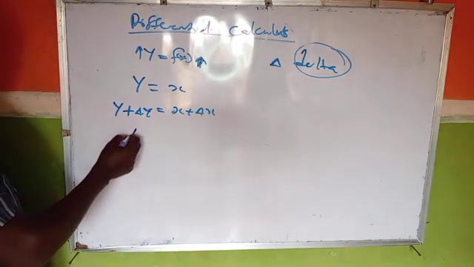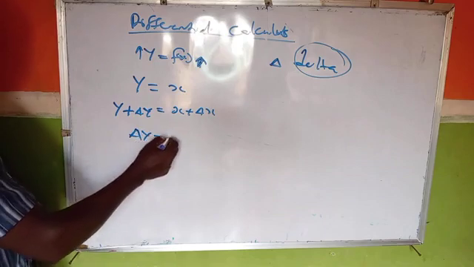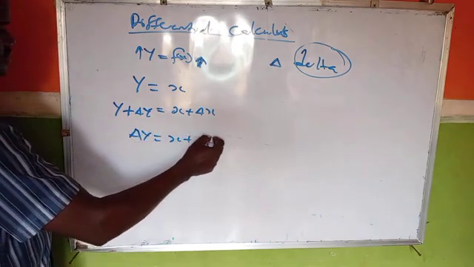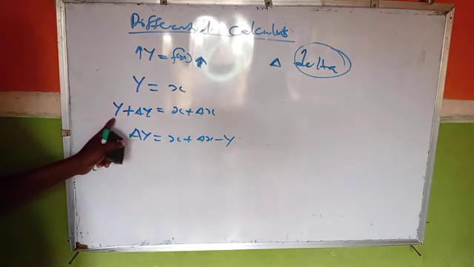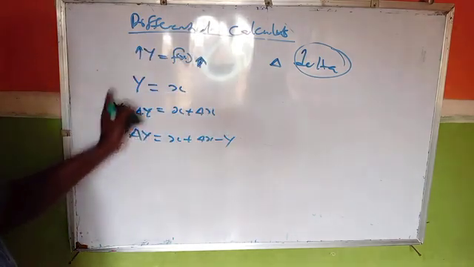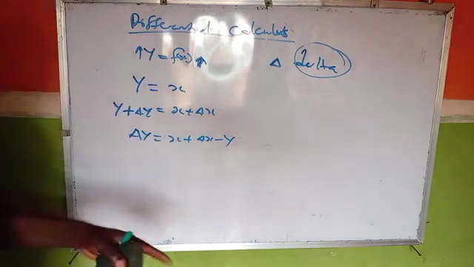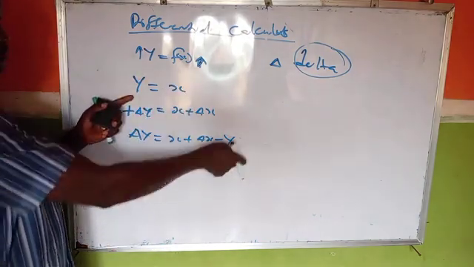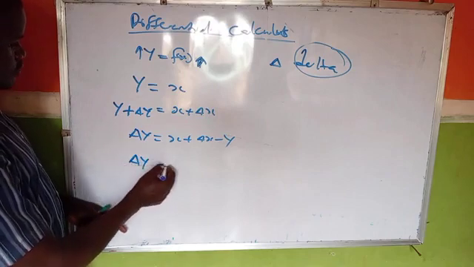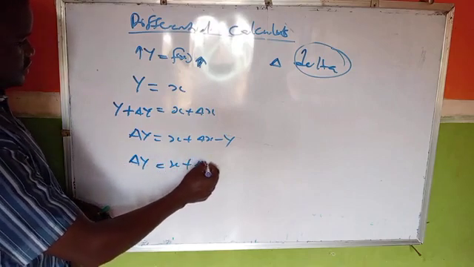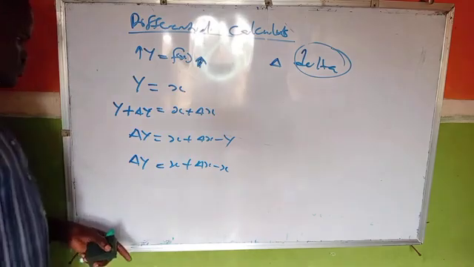So what you have here is the change in y equal to f(x plus change in x) minus f(x). You have this one, and you subtract this from it. Remember that y equals x, so you substitute for this. Here you have delta y equal to x plus delta x minus x.